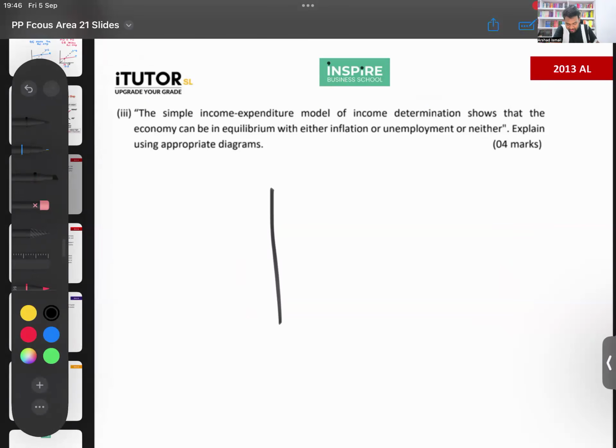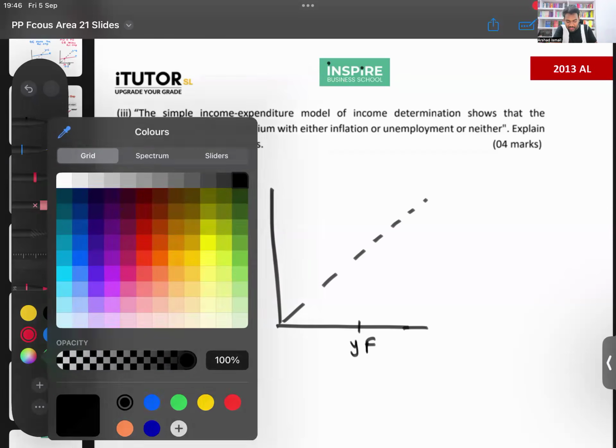So in an economy, there is something called, Lamai, the full employment level of output. Full employment level of output is, if the economy uses all of their resources, how much they can produce. So your full employment level of output and your equilibrium level of output doesn't have to be the same. So maybe you could be at equilibrium at full employment.